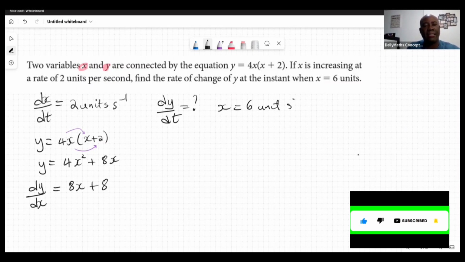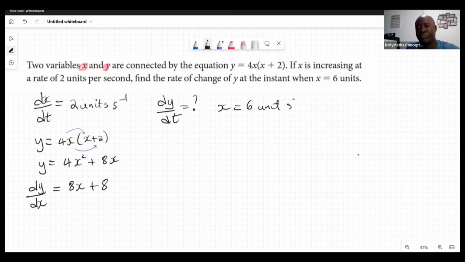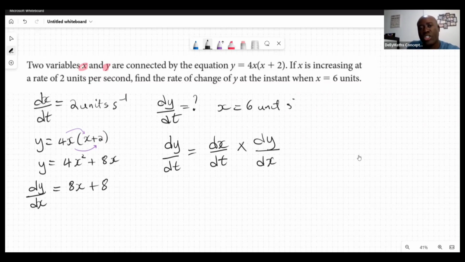So that is it. Now let's put together what we want to find. So let us take a quick look. My intention is to find dy/dt. They gave me dx/dt. It simply means that I need to have a dy at the top and a dx at the bottom, such that the dx cancels. You do notice that we have dx/dt already.